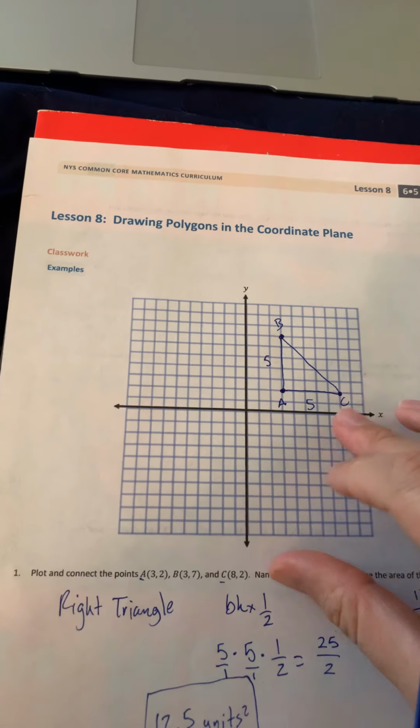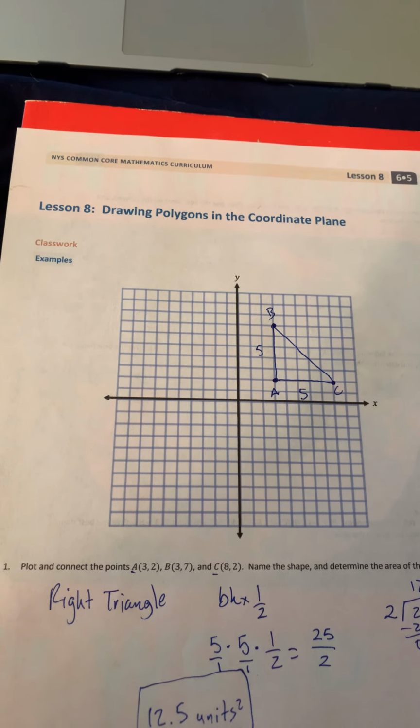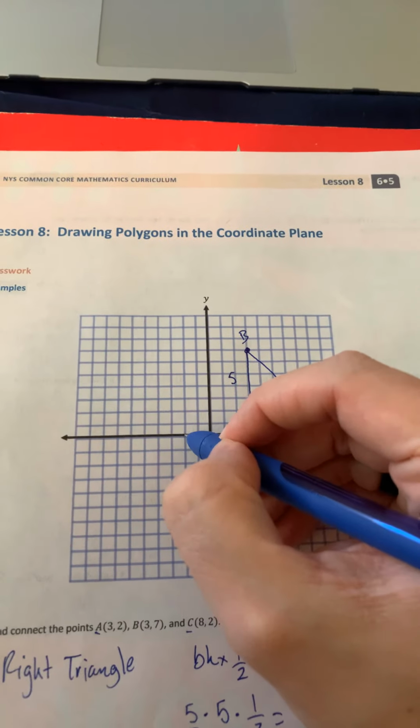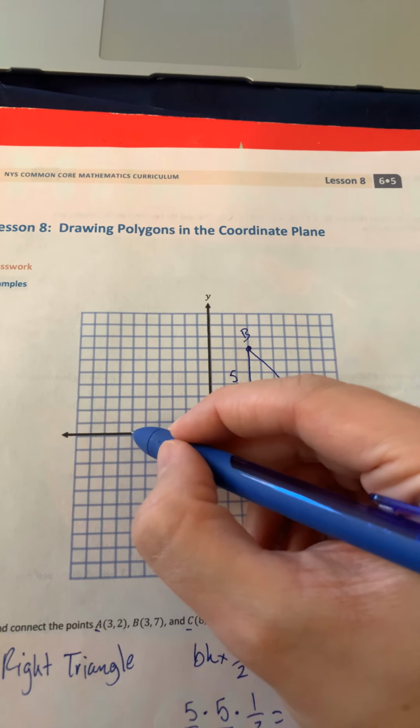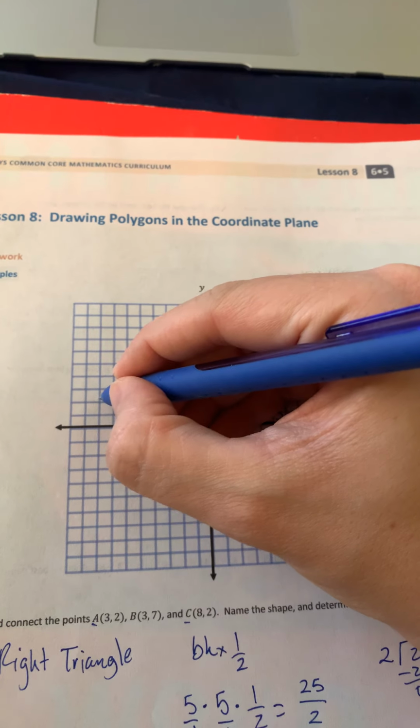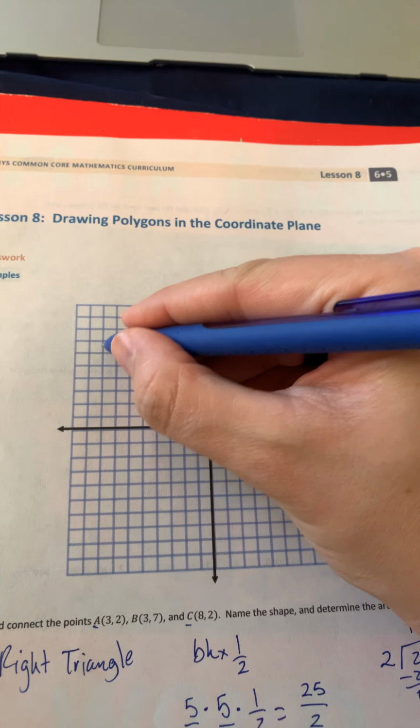The points it wants me to plot: point E, which is -8, +8. 1, 2, 3, 4, 5, 6, 7, 8. And then +8, so I'm going to go 8 spaces up. 1, 2, 3, 4, 5, 6, 7, 8.